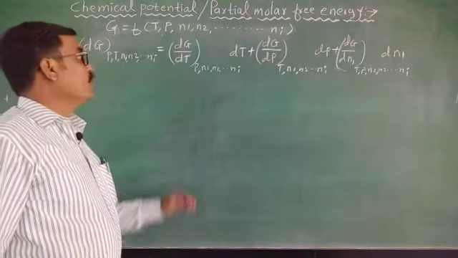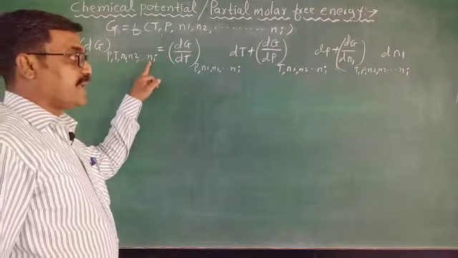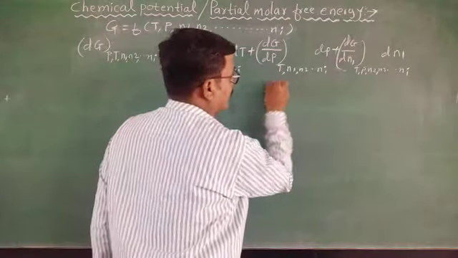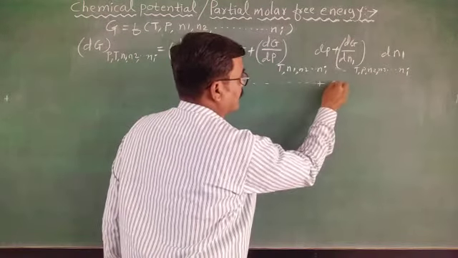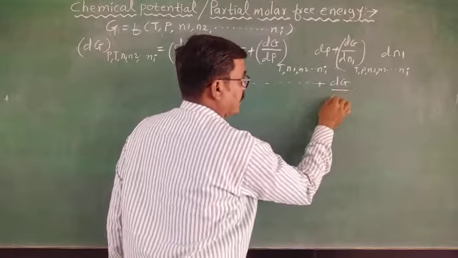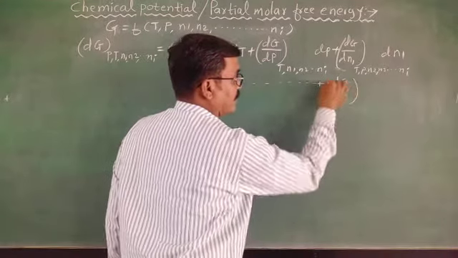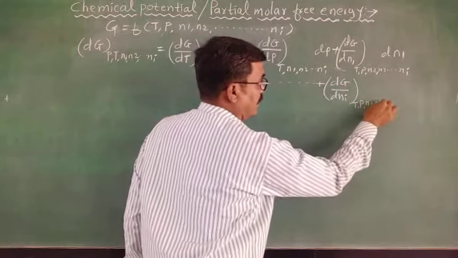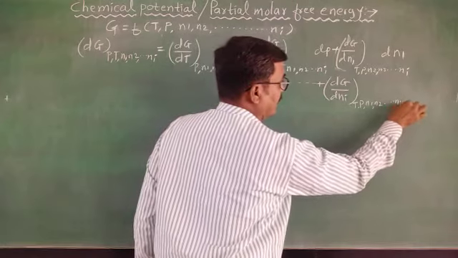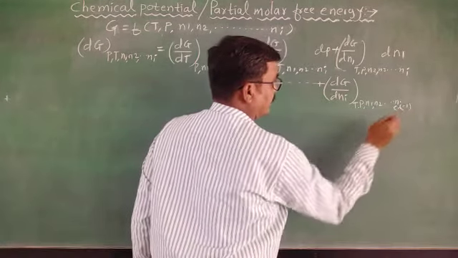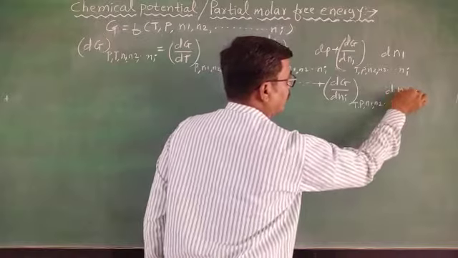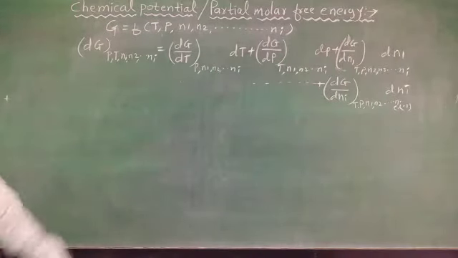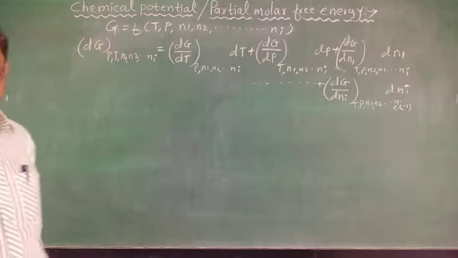Now you know the last term is Ni, that's why the last term becomes dG upon dNi, keeping temperature, pressure, N1, N2 up to Ni minus 1 all constant, into dNi. This is the last term. Now after differentiating this, what do we get?